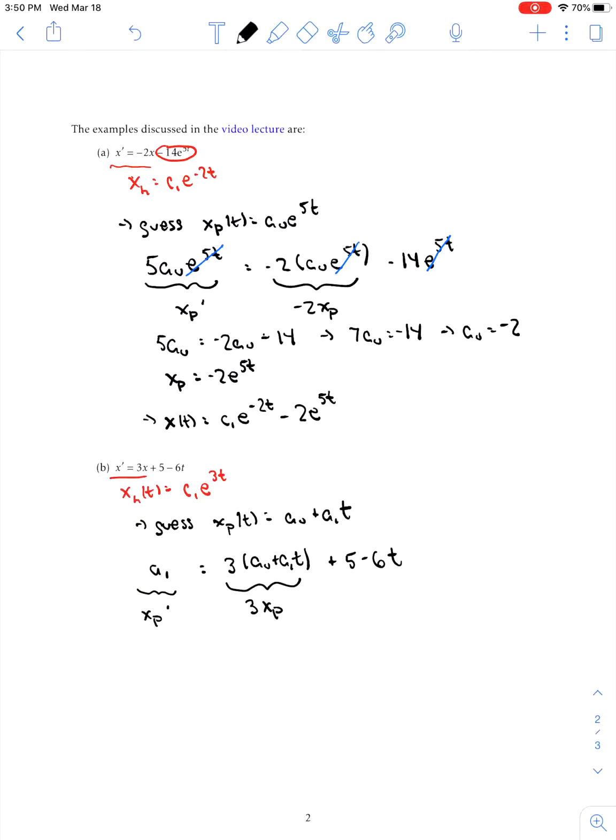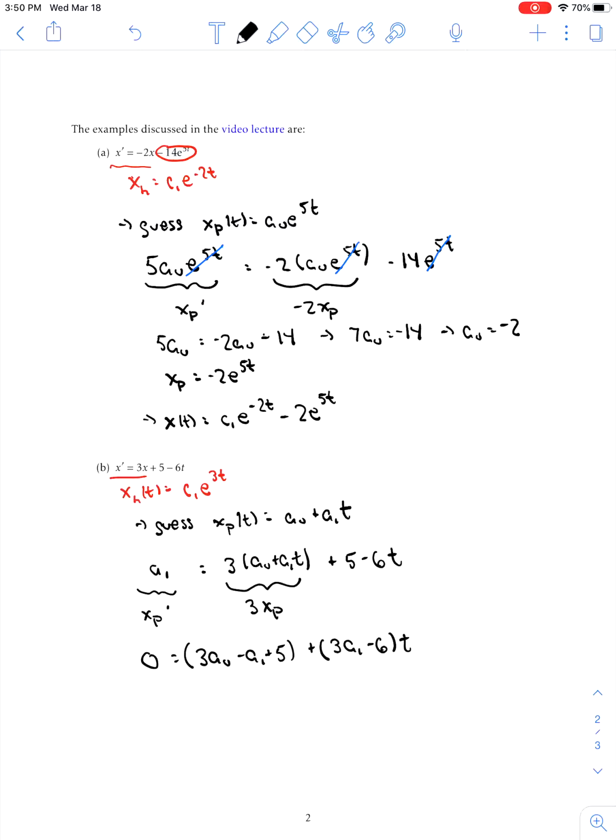I'm going to group all the constants together and all the t terms together. I bring everything over to the right and group. So I get 0 is equal to 3a naught minus a1 plus 5. And then I group all the t terms together, and I get 3a1 minus 6 times t.